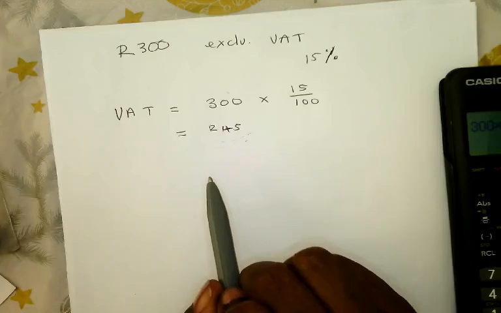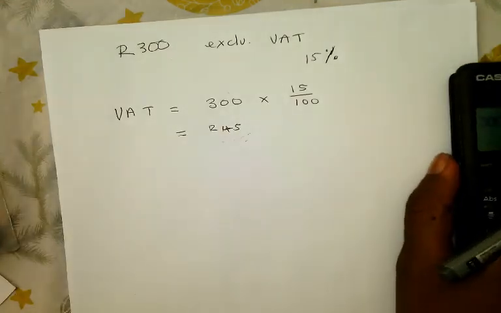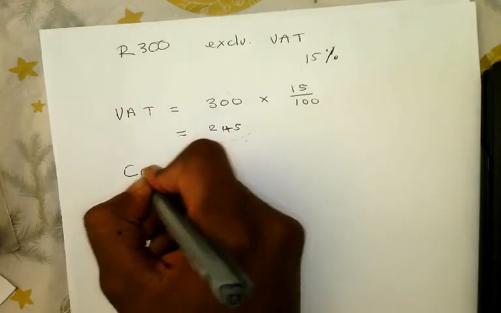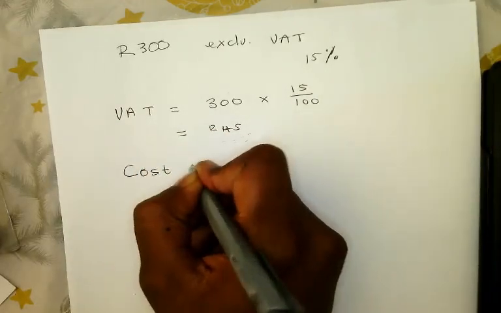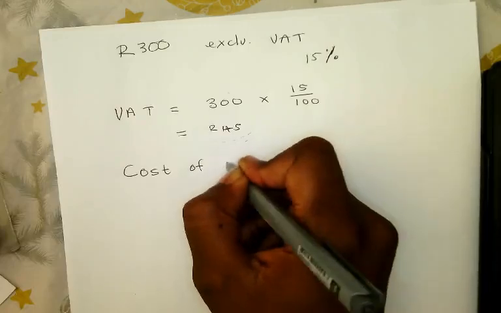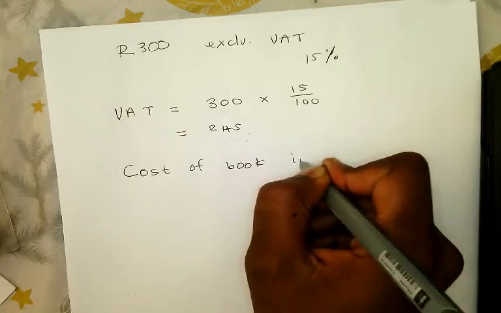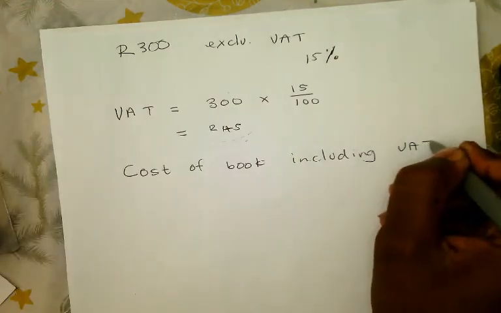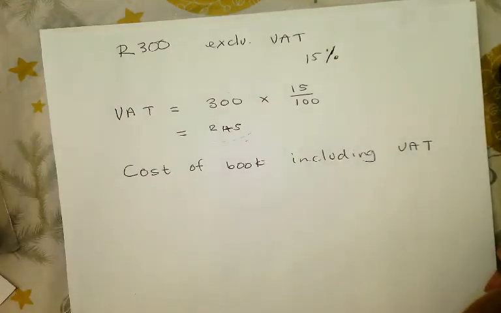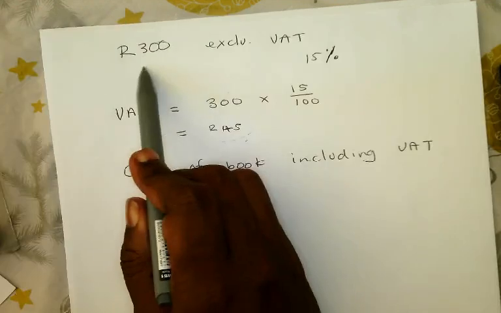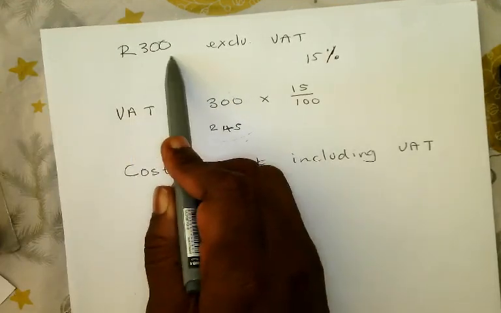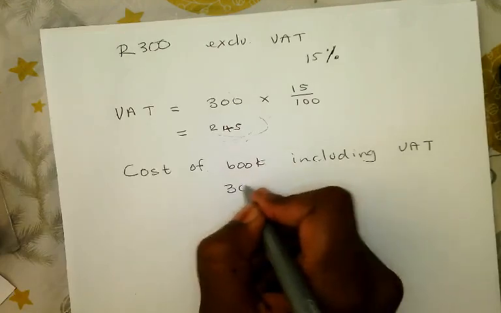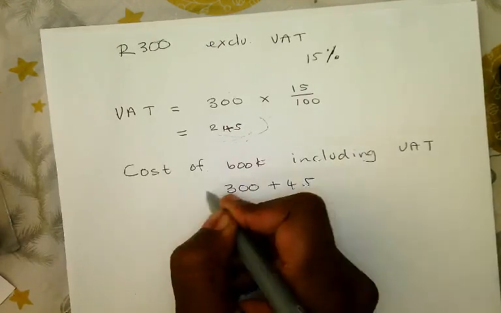Now the question says calculate the cost of the novel including VAT. So what am I going to do? I'm going to add 45 rand to the price of the book, meaning 300 plus 45 will be 345 rand.